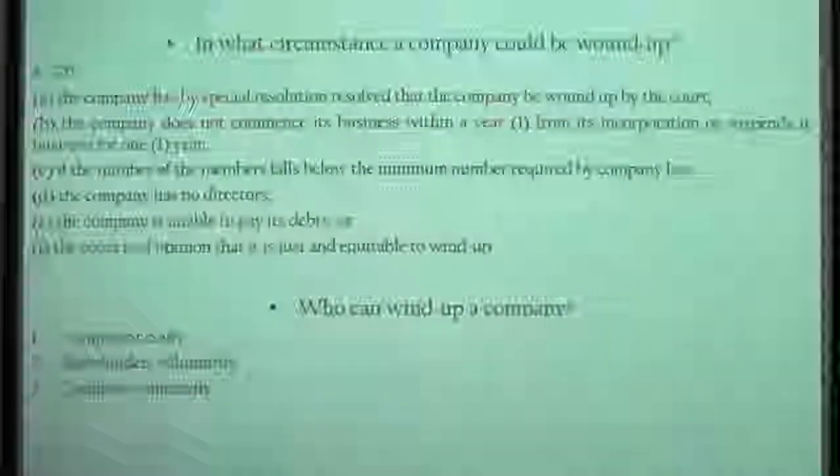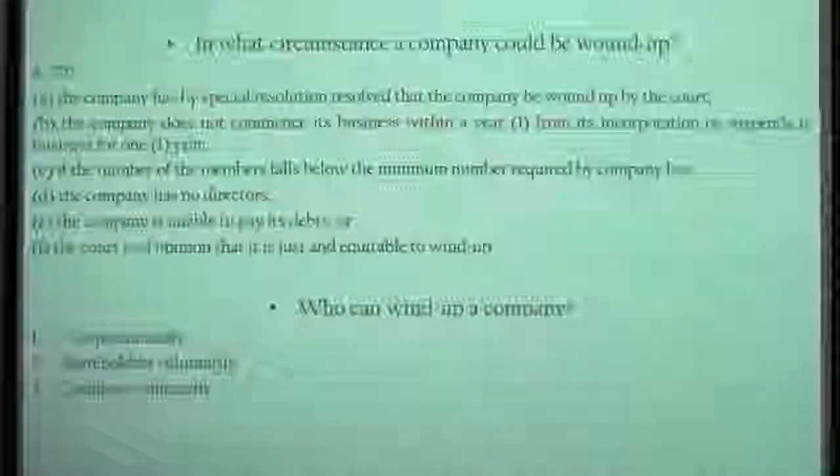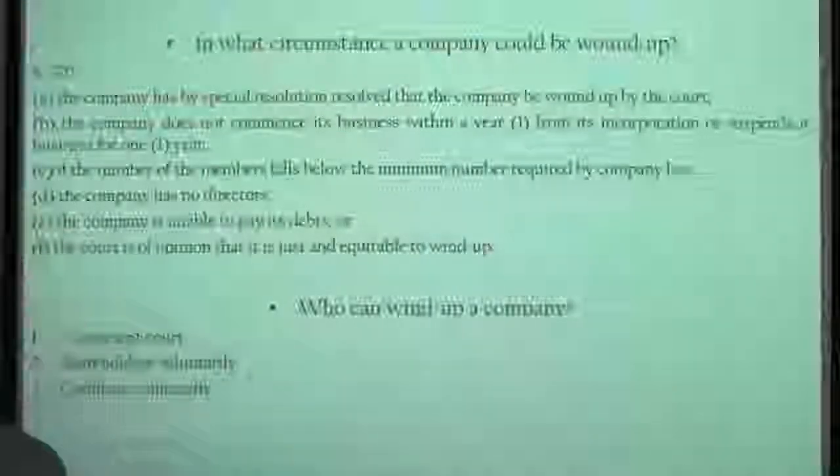Now, when you say voluntary winding up, it could be either the shareholders or the creditors winding up voluntarily, or the creditors to whom the company owes debt could voluntarily wind up the company, rather than letting that company go more bankrupt than the situation it has faced at the time of taking the action of a voluntary winding up by the creditors.